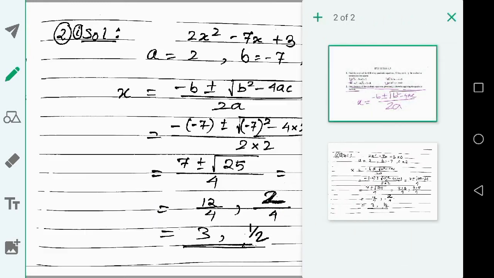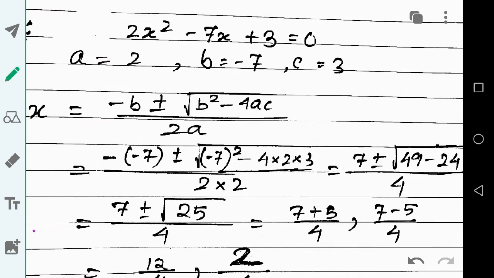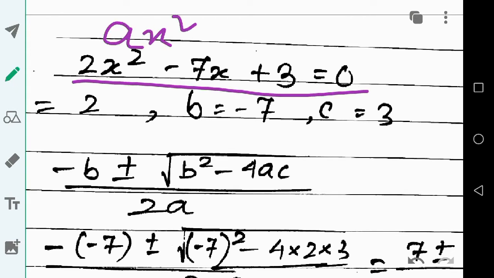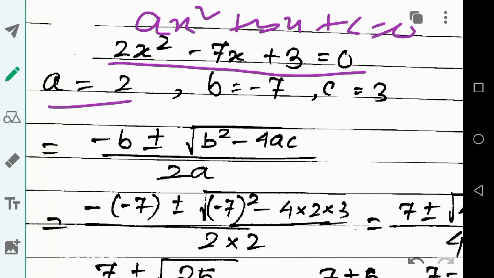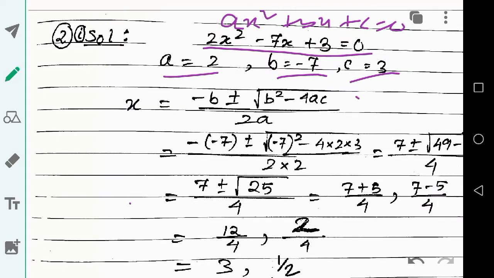So this is the first one of question number 2. Here you see, first compare the given equation with the standard form, that is ax square plus bx plus c is equal to 0, and comparing with this, determine the values of a, b and c. Now put those values of a, b and c in this quadratic formula.